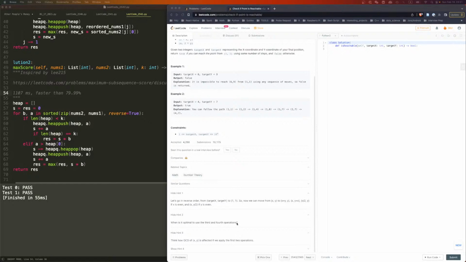Is GCD affected when you do plus? Well, GCD. Let's say x is k1 g, P1g plus Q1. Y is P2g plus Q2.